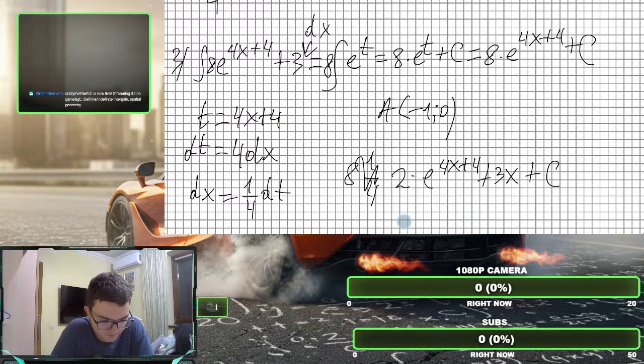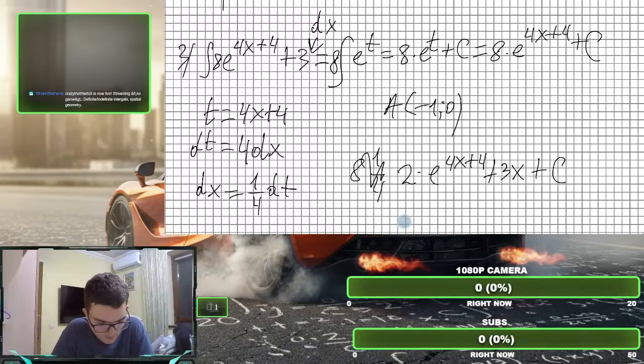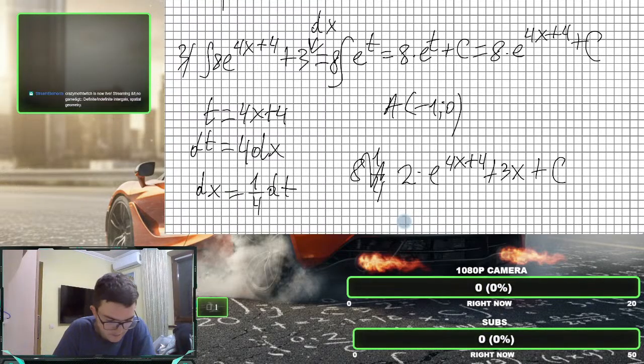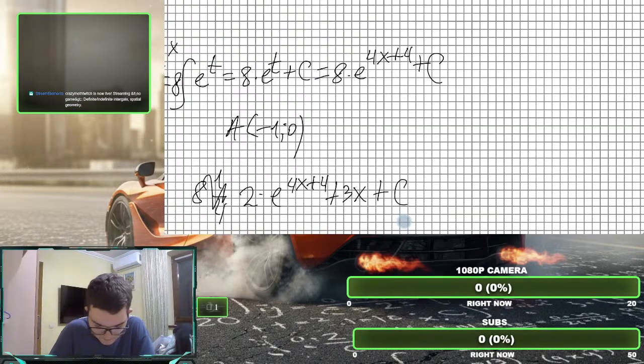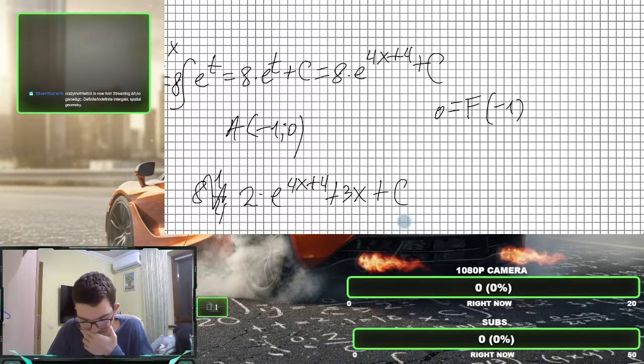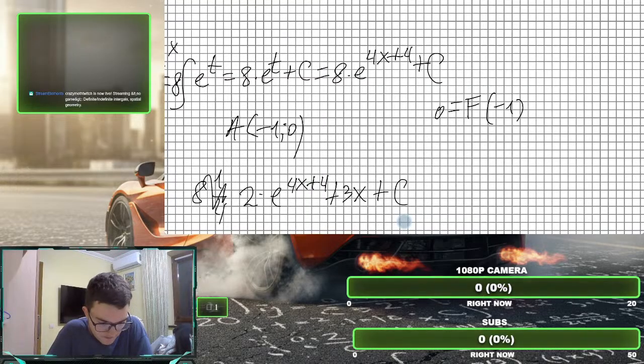So you have to say that 0 is equal to F of -1. So this is how you do it. You say that 0 is equal to big F of -1, and so instead of x, you just put -1 and solve for c.